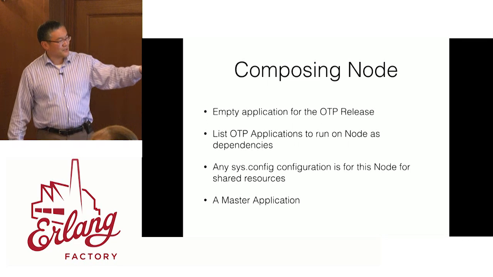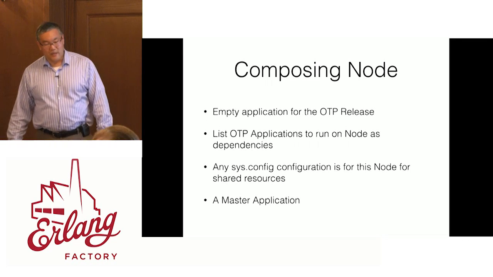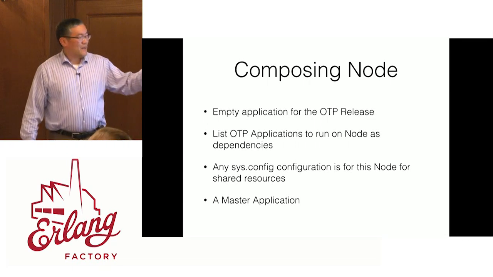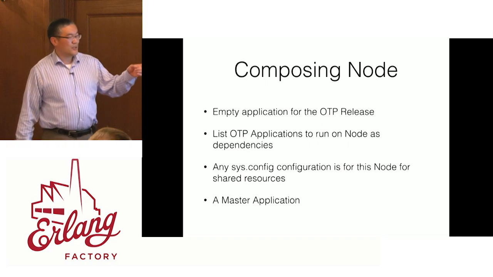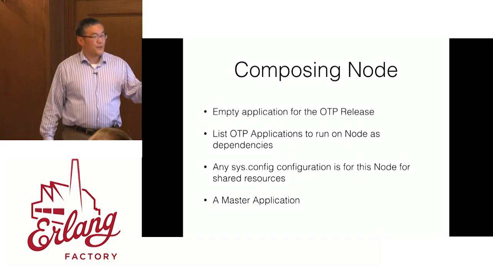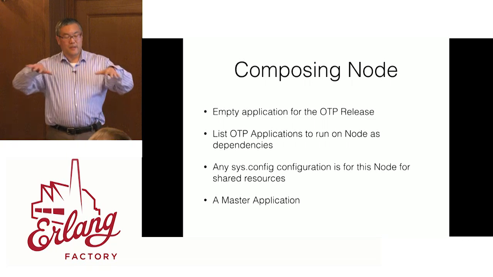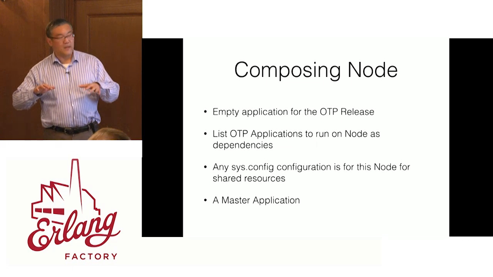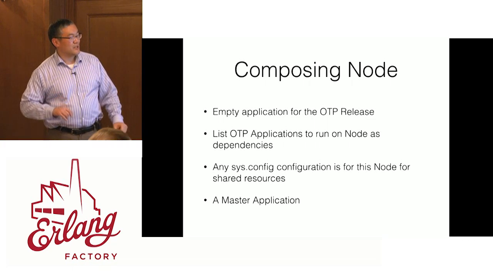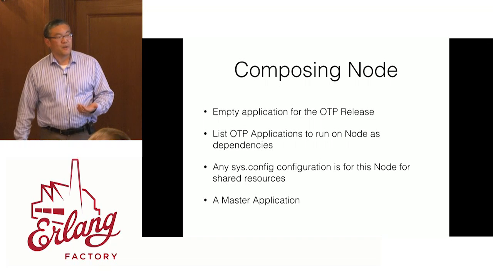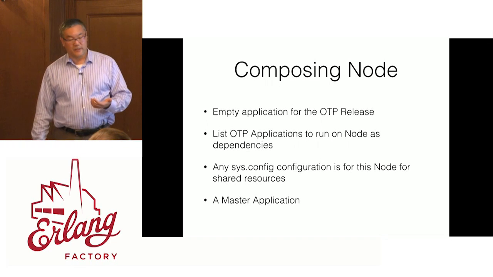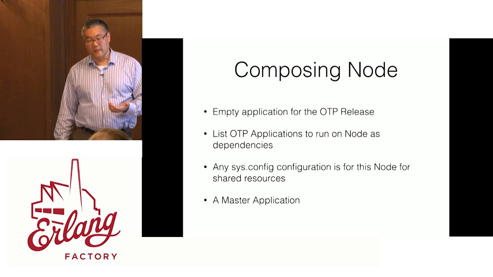There is also possibly the idea of there being a master application on that node. And by that I mean not like a controller, but a sort of application, this empty application, that might need to hold on to some of the private files that the other applications rely on.